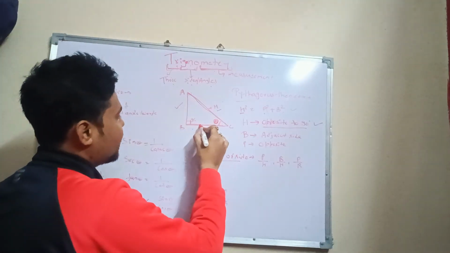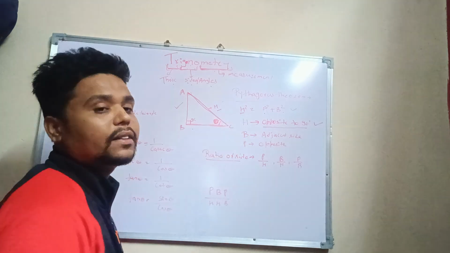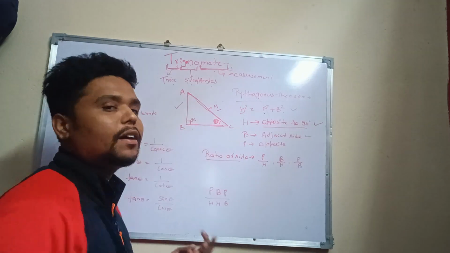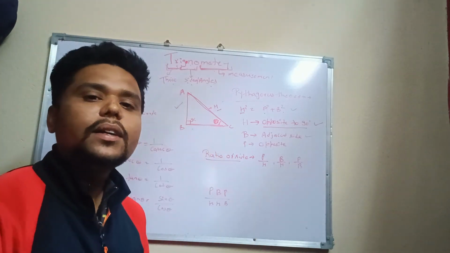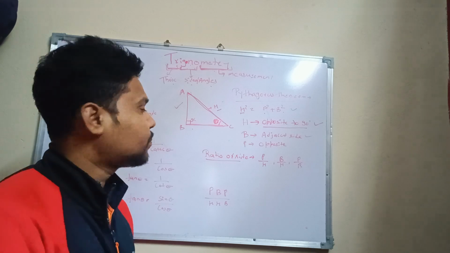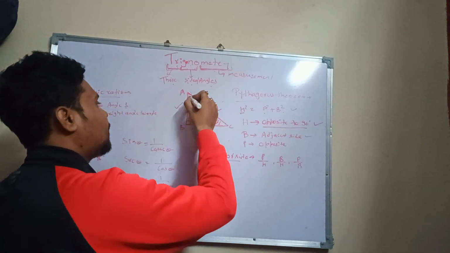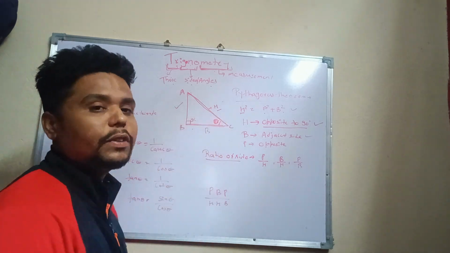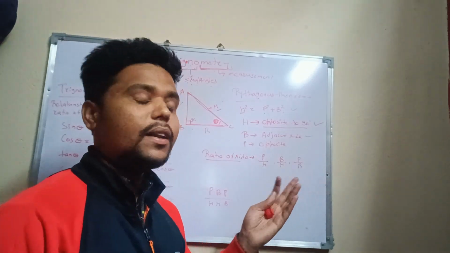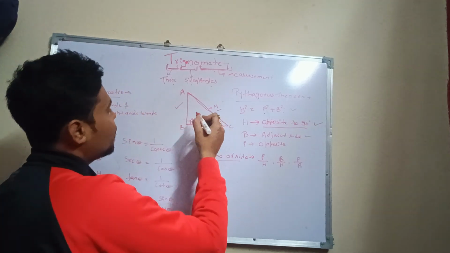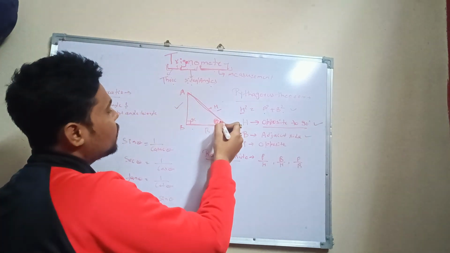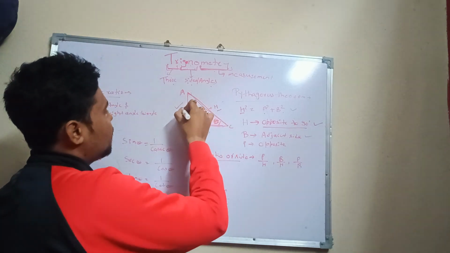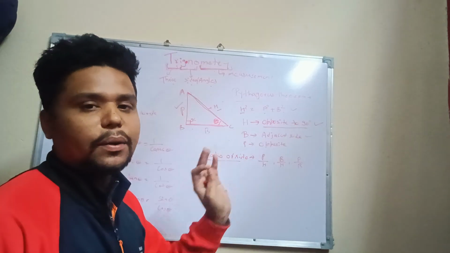So base is the side adjacent to theta. And perpendicular is the side which is opposite to the angle. So here the perpendicular to theta is AB.